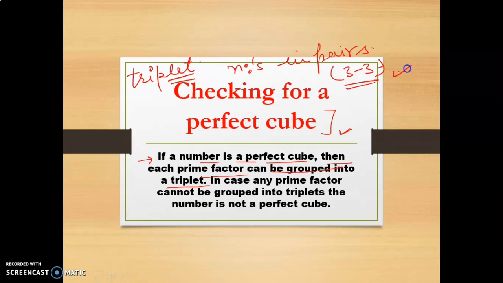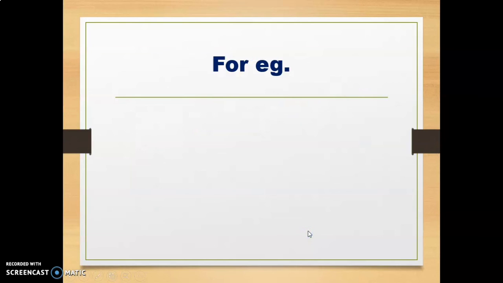In case any prime factor cannot be grouped into a triplet, the number is not a perfect cube. Where you can group each prime factor into a triplet, that will be a perfect cube.